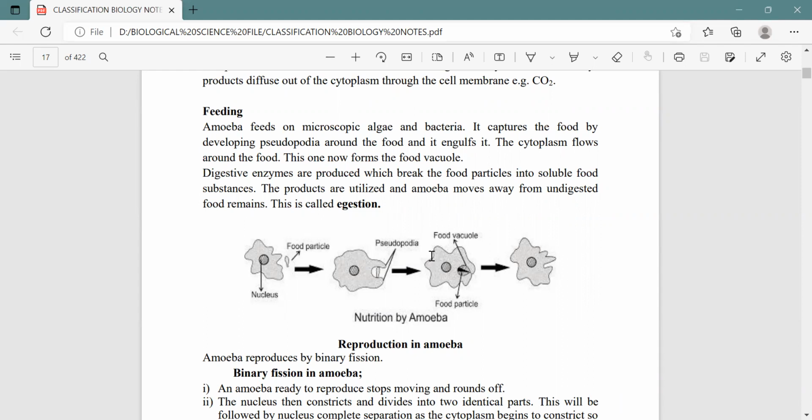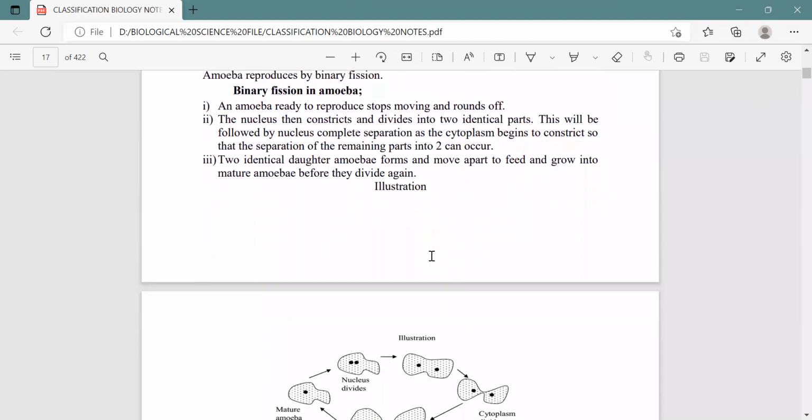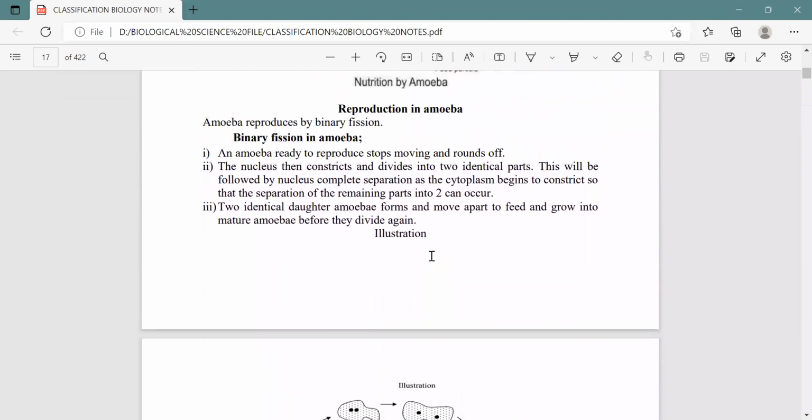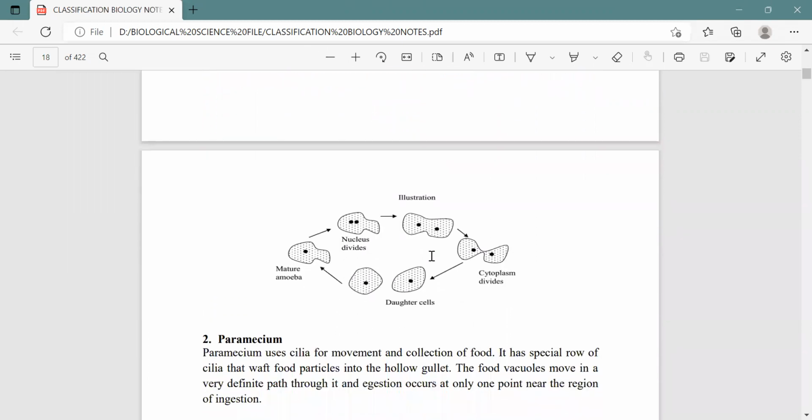Then the soluble products of digestion are absorbed into the surrounding cytoplasm, while the undigested products are egested or removed from the body. Reproduction, I've called it binary fission, which I have described, one cell dividing into two, and so on and so forth.